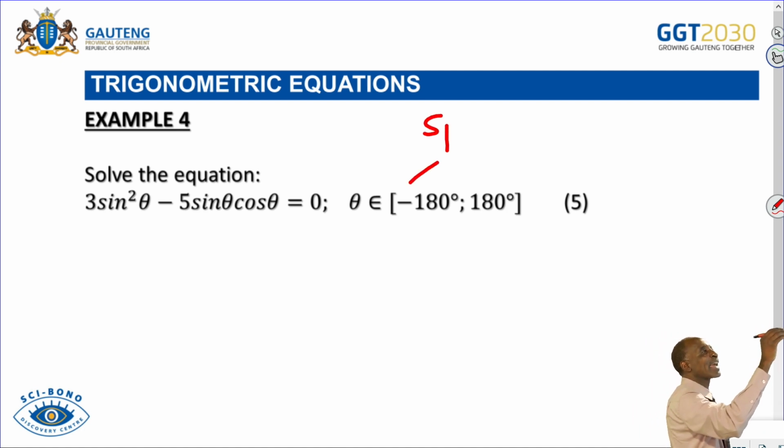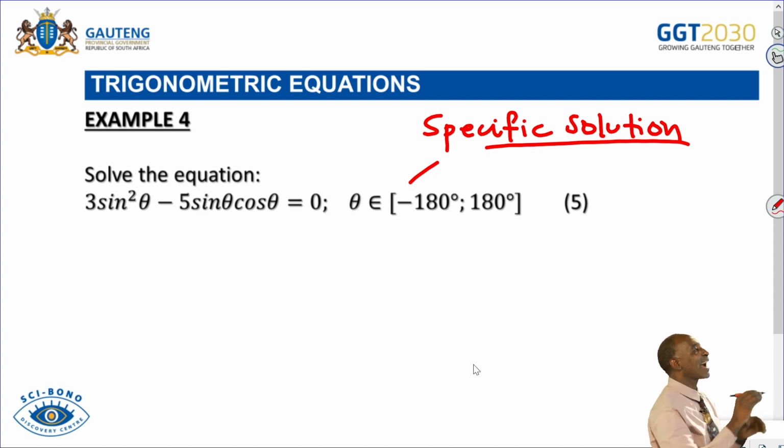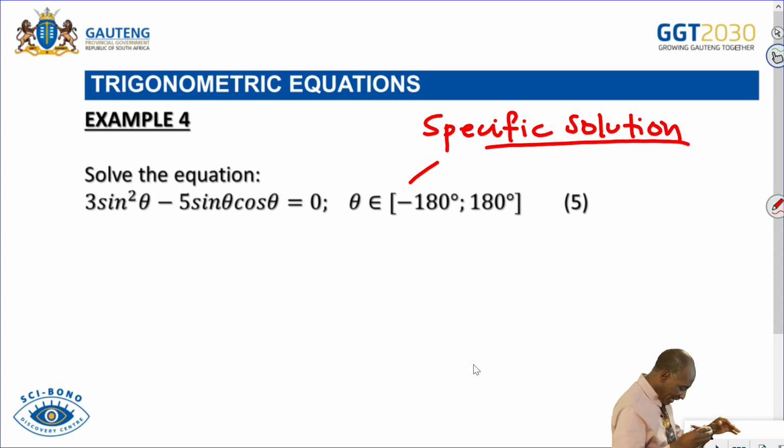This will take us to a specific solution, meaning we'll have to find those angles that are within that interval so that we are controlled. We are restricted today. We have to work them out in a particular interval.